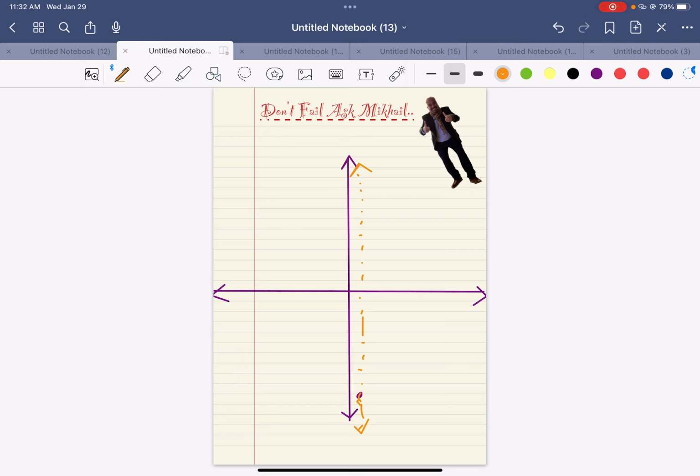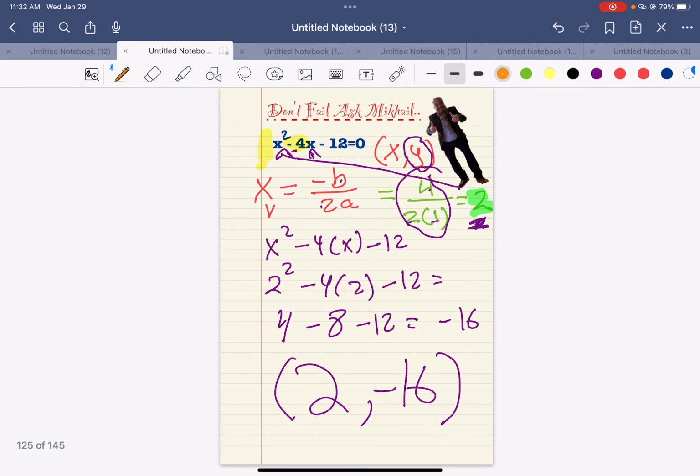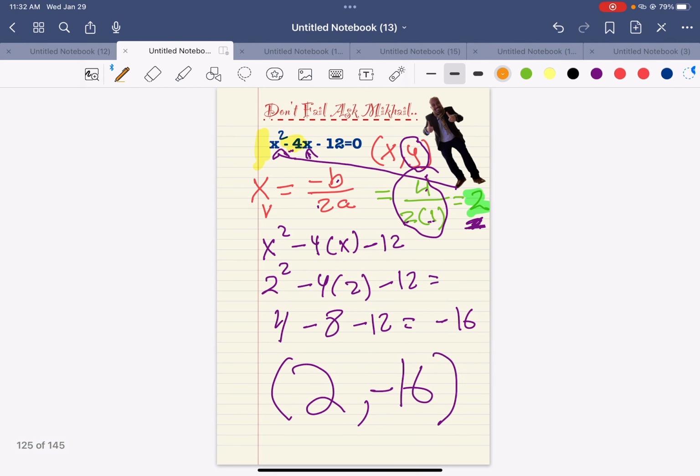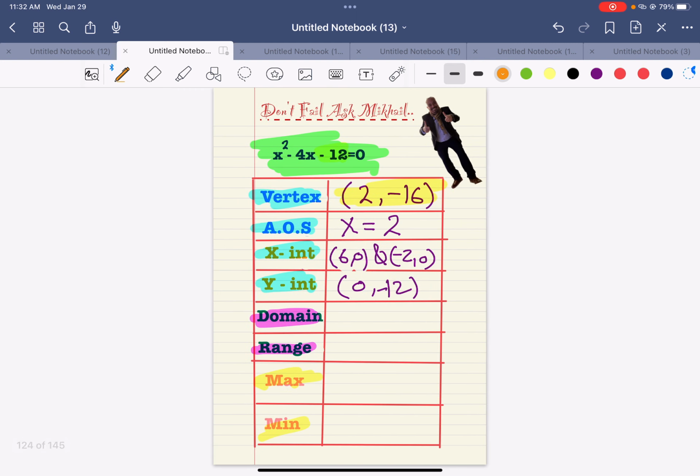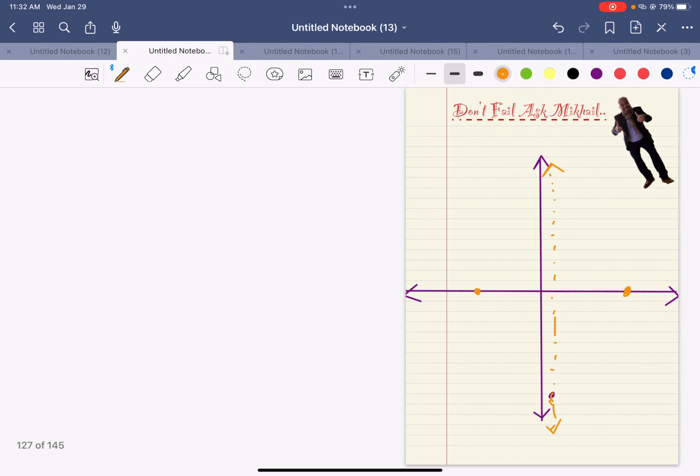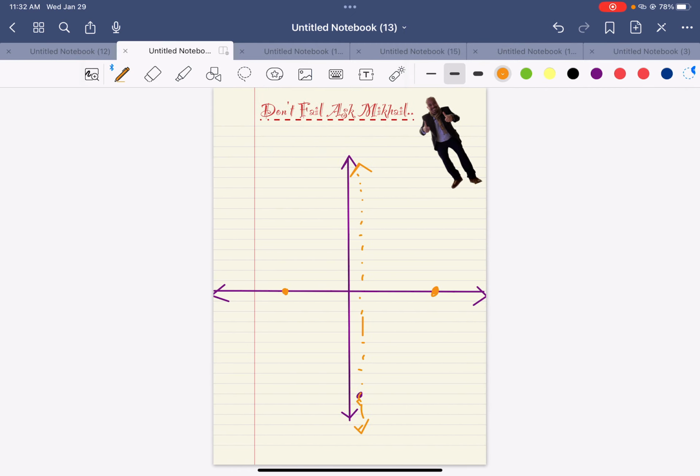And I got 2 points of intercepts: x equals 6 and 0, and negative 2 and 0. And y is 0, negative 12, my apology. 0, negative 12 is about here. Now, that is the graph, and I can connect them all together.